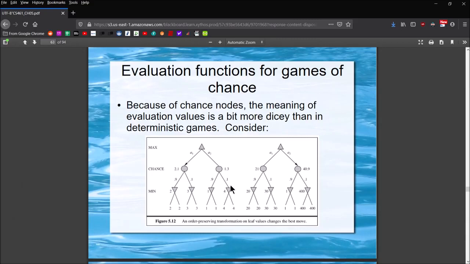But the thing is that 4 weighted position, there's only a 10% chance of me getting there if Max were to choose A2, right? If Max were to choose A2, then there's a 90% chance that they end up at the 1 valued position, which is worse than either the 2 or 3 had they chosen A1.